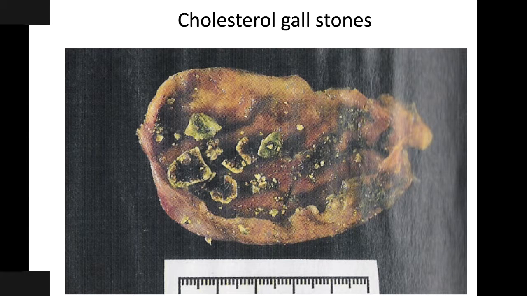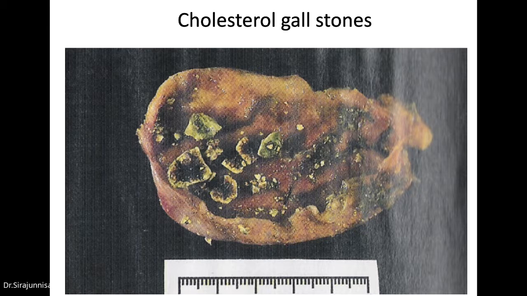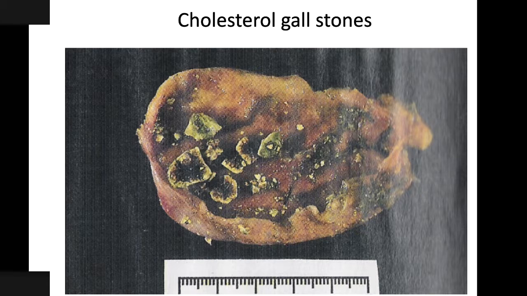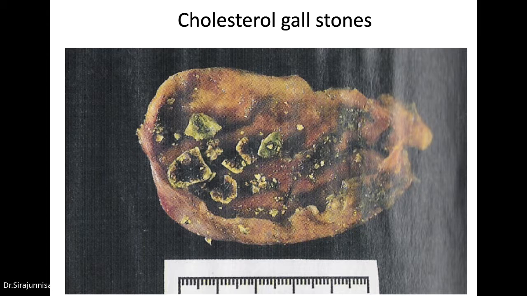So these are the cholesterol gallstones. If you take the morphology of these cholesterol gallstones, purely it arises within the gallbladder. Classically, they are hard and pale yellow in color. If they are impregnated with calcium salts, they will be black in color.